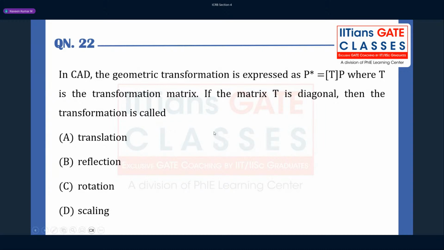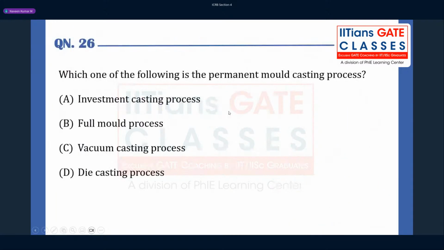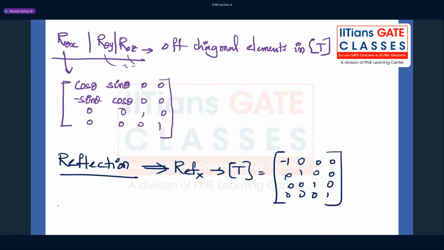So okay. So we are talking about the scaling here. Okay, good. So in scaling, what happens? How will the scaling look like? If you see the scaling matrix, that Sx at the end will be there. Let me write the scale.